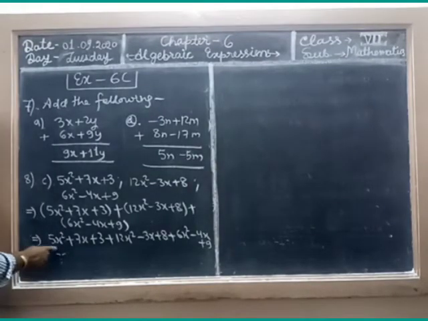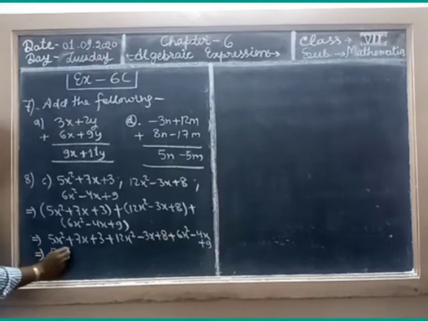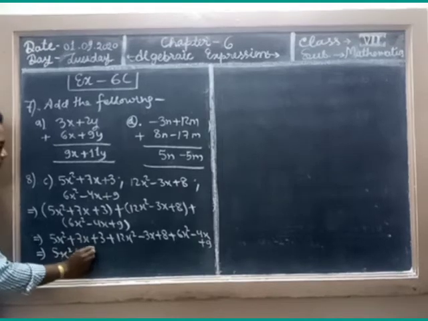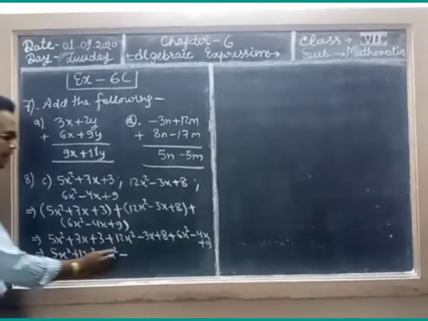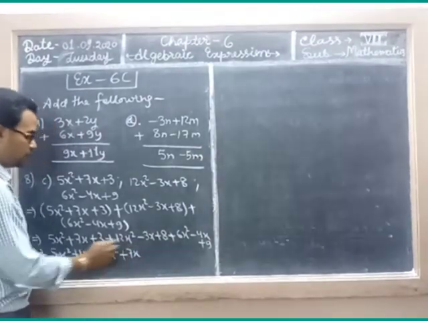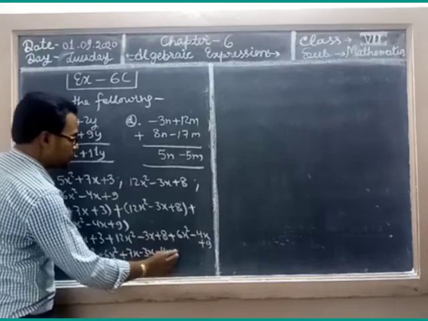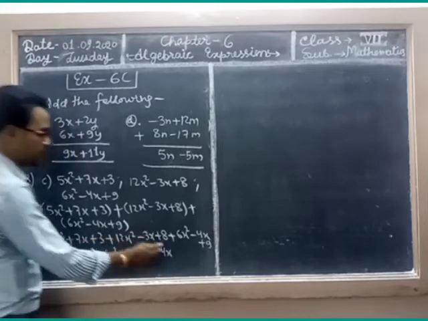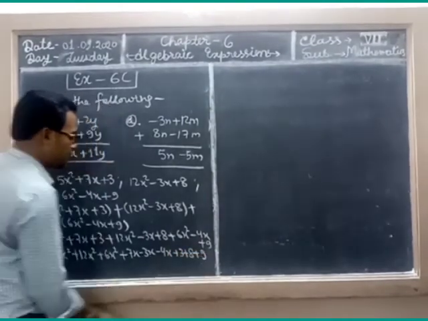Like term means 5x square, 12x square, 6x square. So 5x square plus 12x square plus 6x square. Then plus 7x minus 3x minus 4x. Then 3 plus 8 plus 9.